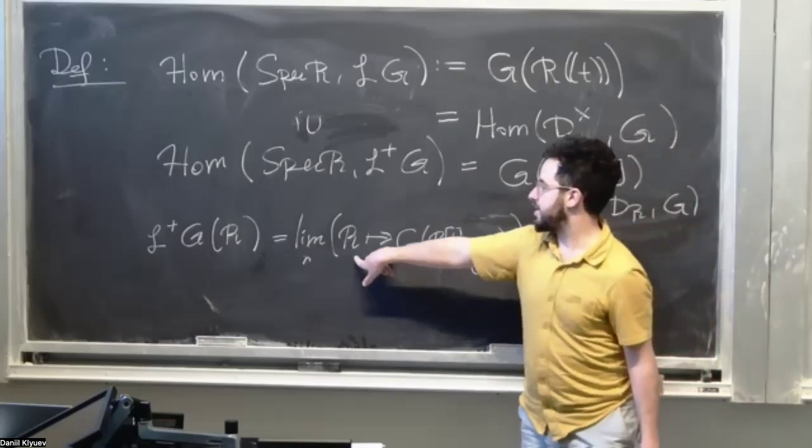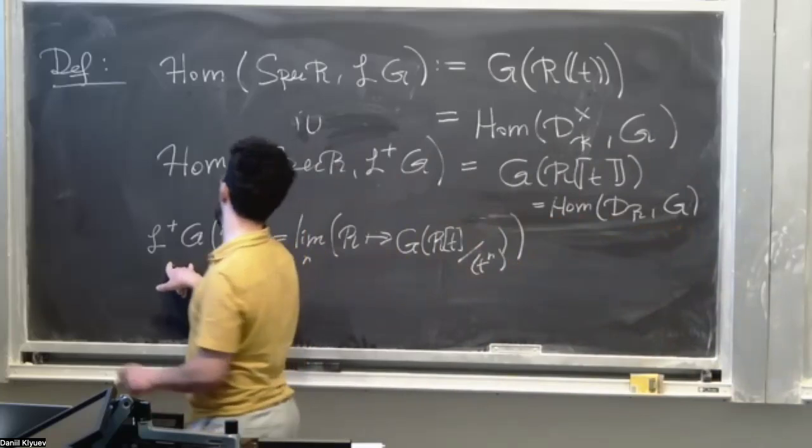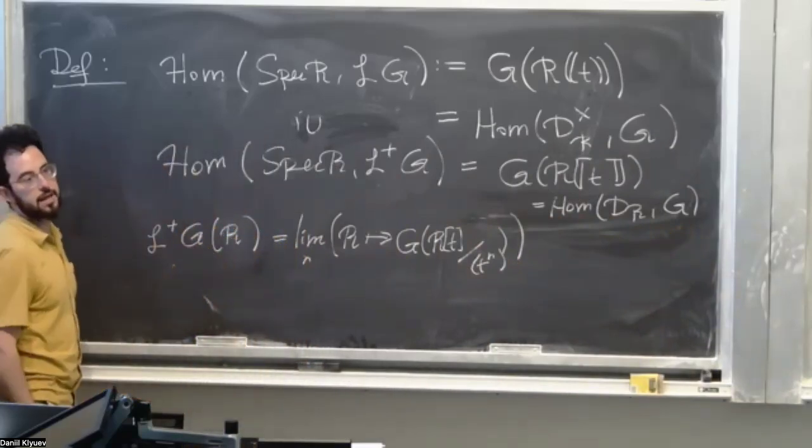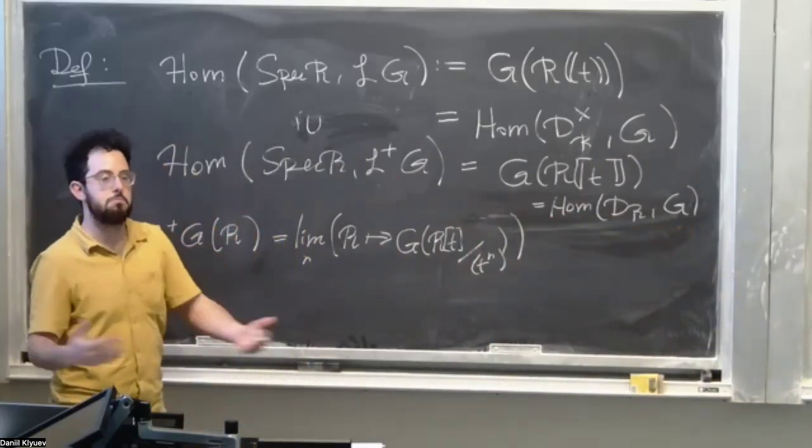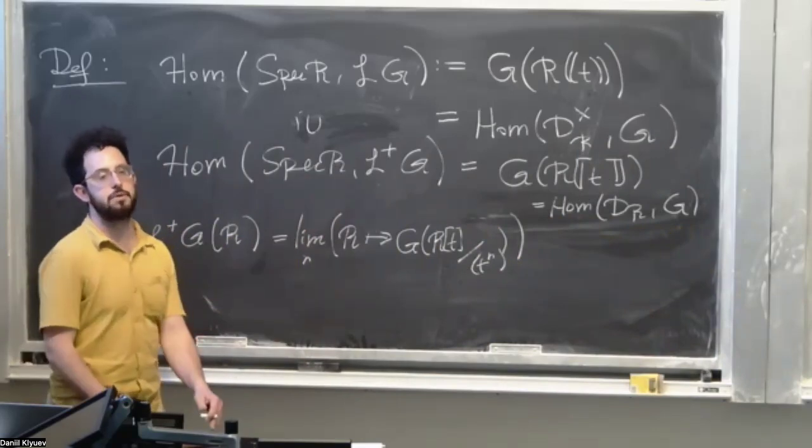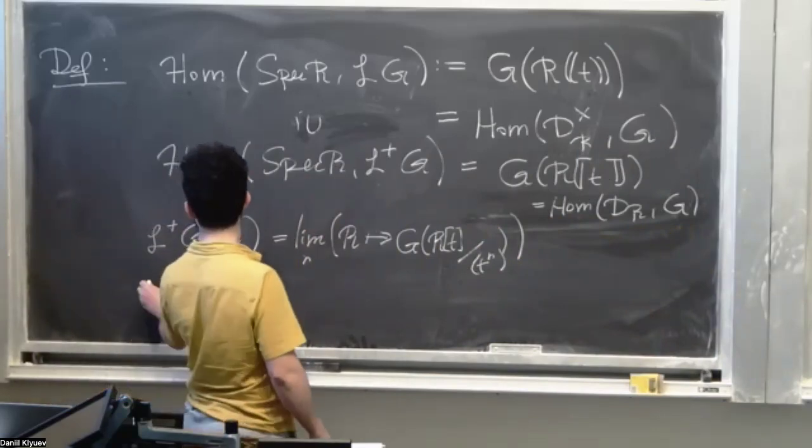Each one of those is a scheme, so this is going to be a scheme of infinite type. It's still a scheme, but it's a limit over things that might be of finite type.